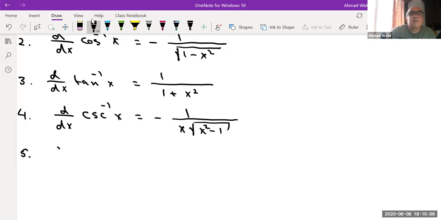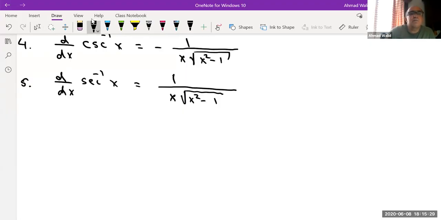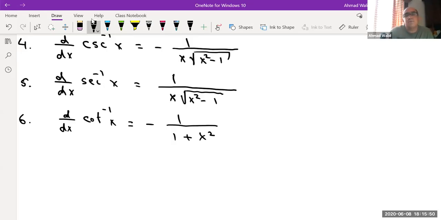Number 5, d/dx of secant inverse x equals 1 over x square root of x squared minus 1. Number 6, d/dx of inverse cotangent x equals negative 1 over 1 plus x squared.